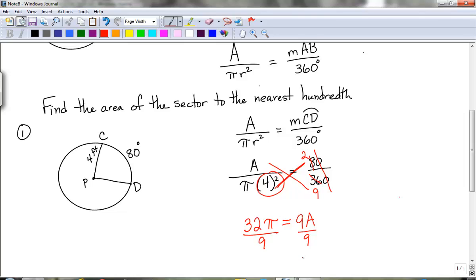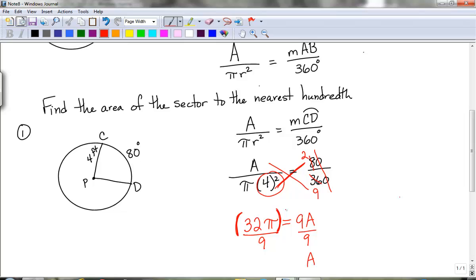Now on your calculator, take 32, and I don't want you to use 3.14, I want you to use the pi key on the calculator. If you do this all at once, you want to do parentheses 32 pi, the pi is right above the caret symbol on your calculator.